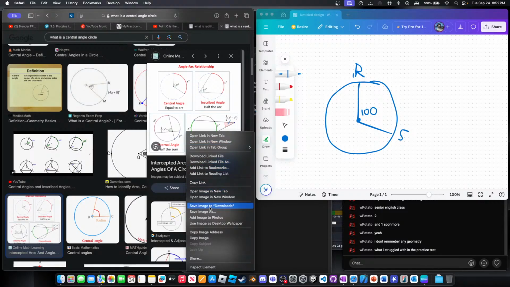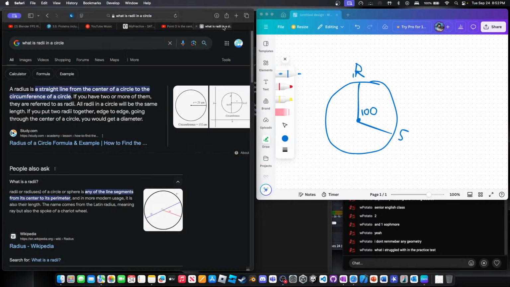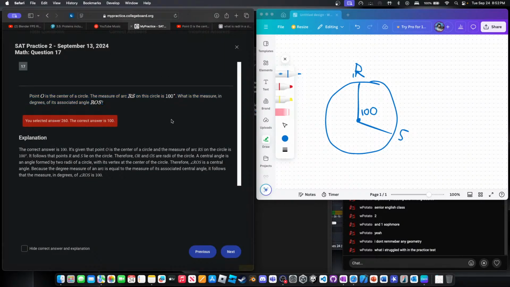Actually, I'm going to save this. Save image as: circle angle arc relationship picture. Cool. Now that would help me know.